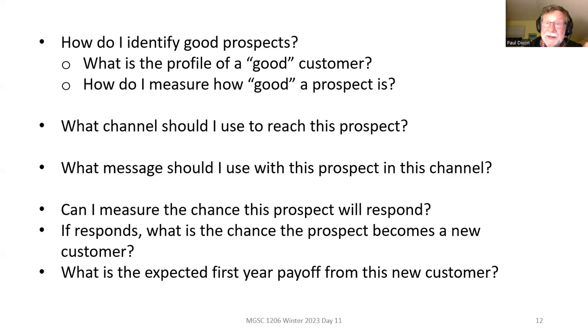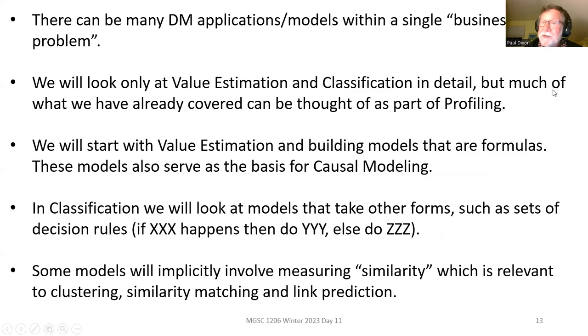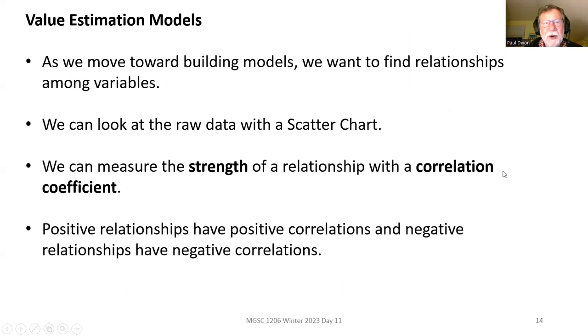If it looks like, hey, this is a lot of income, then it's one I'll pursue more aggressively than someone whose income I think is going to be lower. You can imagine a whole bunch of different types of models. So within a single business problem, generally we've got a whole bunch of models we might want, of different types.